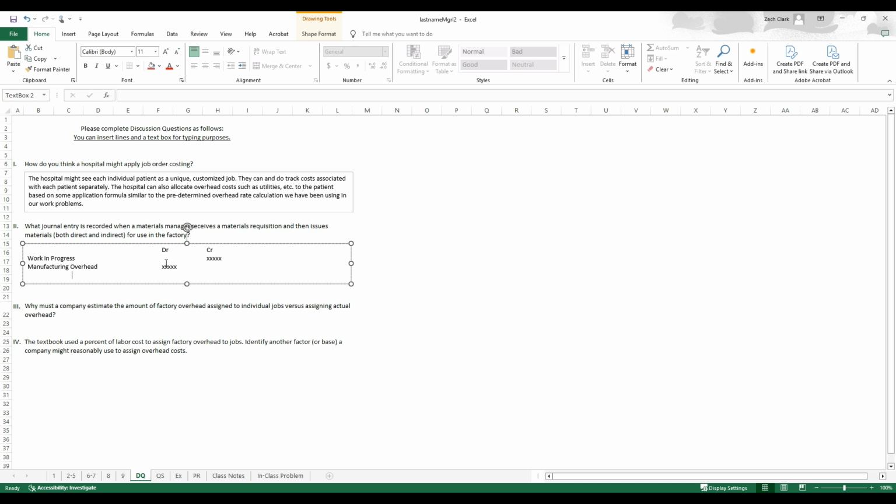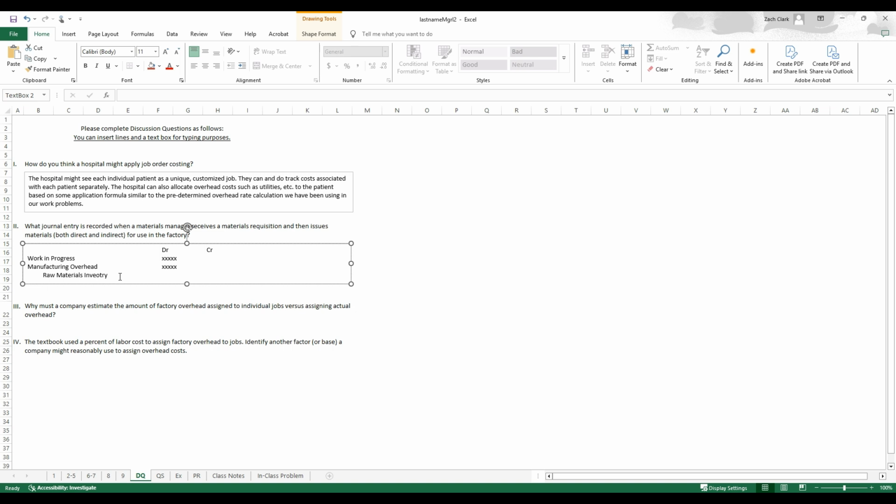And sorry, I want debits on both of these because these are both of our inventory accounts. And we want raw materials inventory. That's a little bit excessive on the spaces.